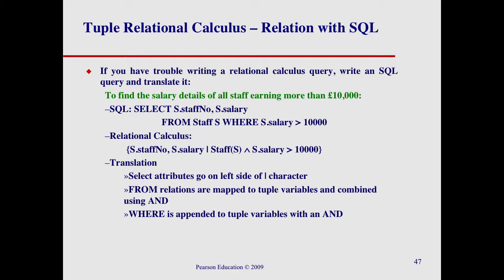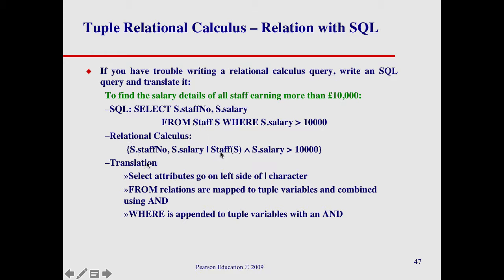So this is saying what I just told you, which is if you're having trouble writing a relational calculus query, write the SQL query and translate it. And the translation, again, is everything in the select clause goes on the left side, and then everything in the from clause is a tuple variable.